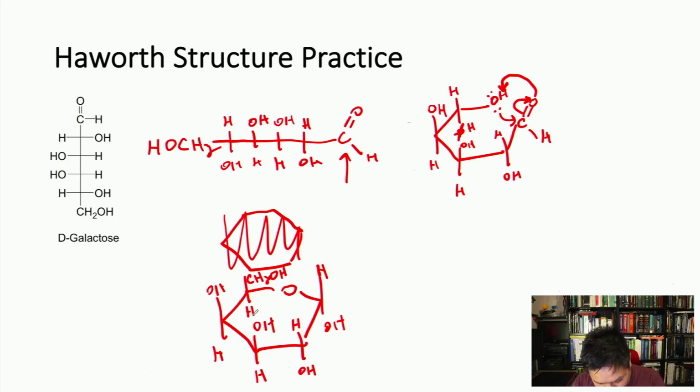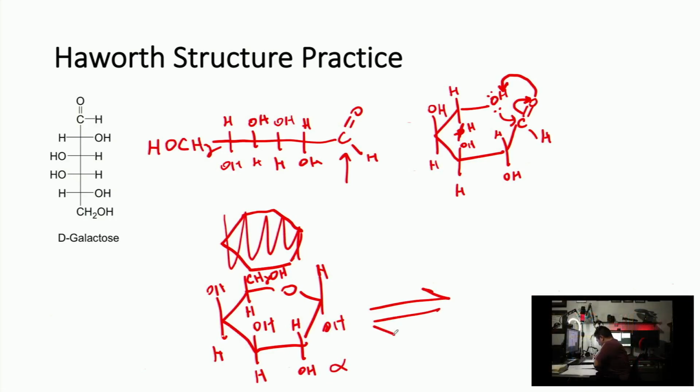But remember, I have this one down here with the OH pointing down, so this is the alpha version of D-galactose. But it's really going back and forth between D-galactose and alpha D-galactose and beta D-galactose.